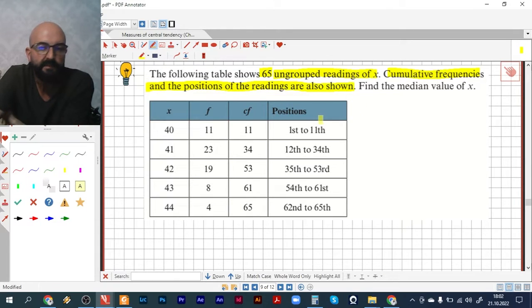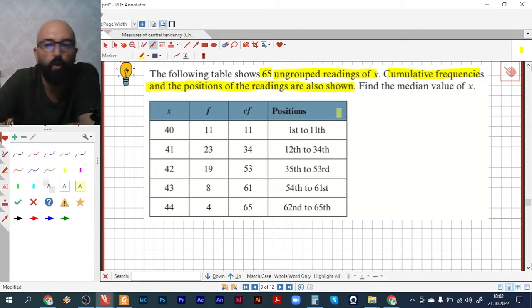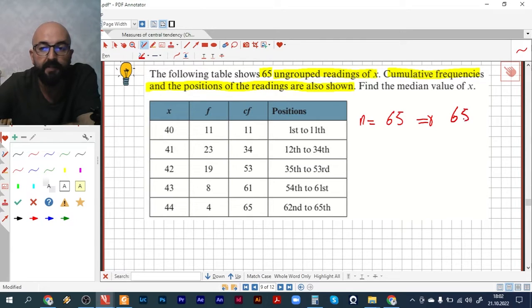Find the median value of X. We have 65 values, so n equals 65. For finding the median, we should find 65 plus 1 over 2, so we should find the 33rd value.